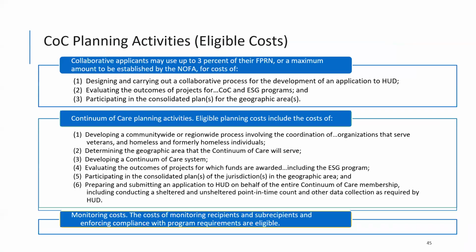So let's talk about CoC planning activities. I've mentioned this a couple of times. Collaborative applicants may use up to 3% of their award, we'll talk about these acronyms a little bit later, for costs of planning.